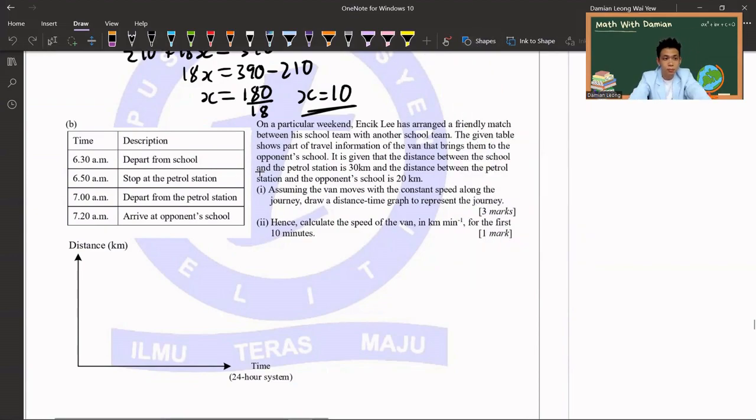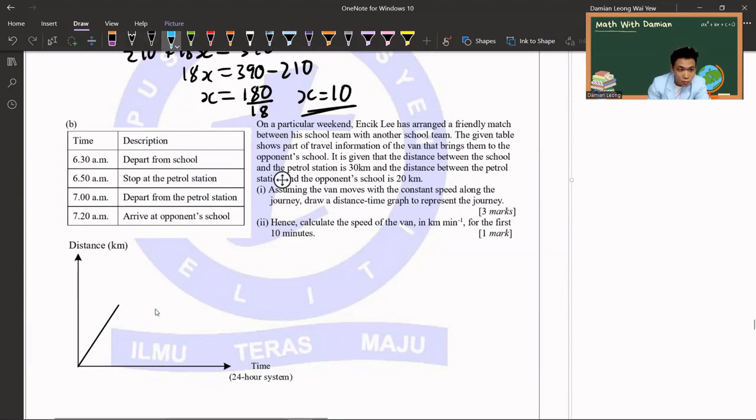from the school. We consider 0 here as the school and 0 time passed. So it goes 15 minutes, stops at the petrol station. So it goes to a petrol station. Distance between school and petrol station 30 km. So it goes 30 km away in 20 minutes. Okay.